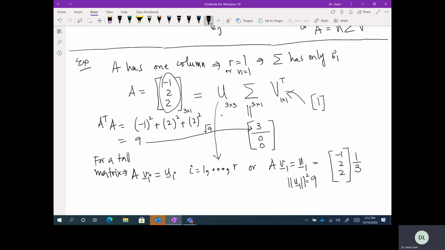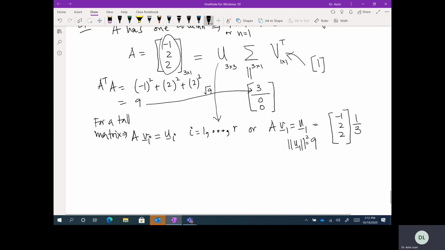This is U1. So I need two other columns here. For the other values, I want A transpose Ui to be equal to 0 for i equals r plus 1 up to m. M is 3, so this is 2 and 3, right?